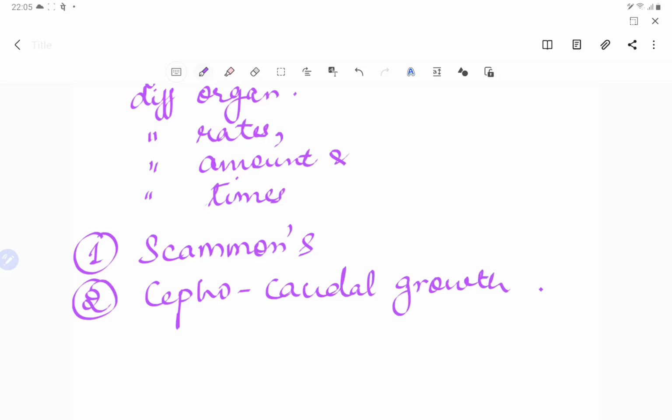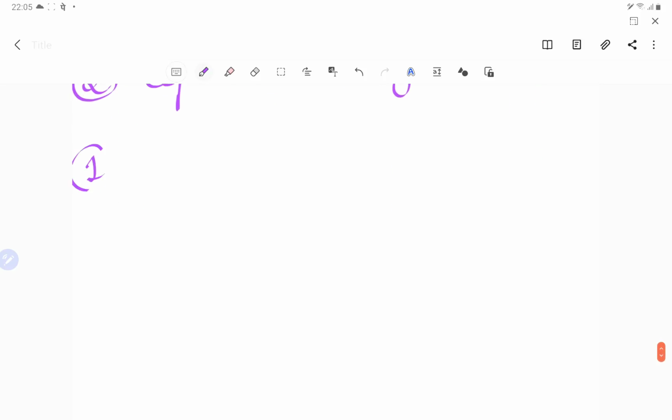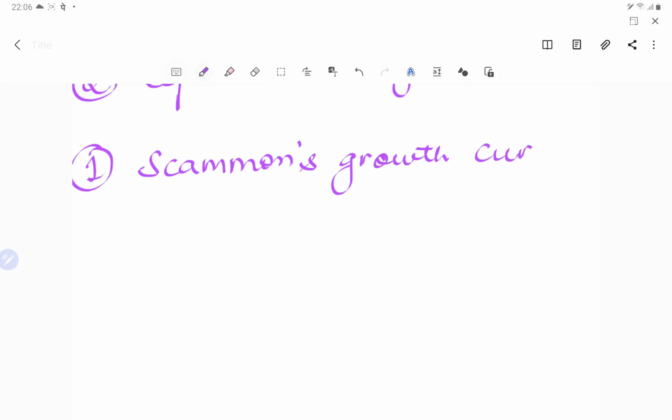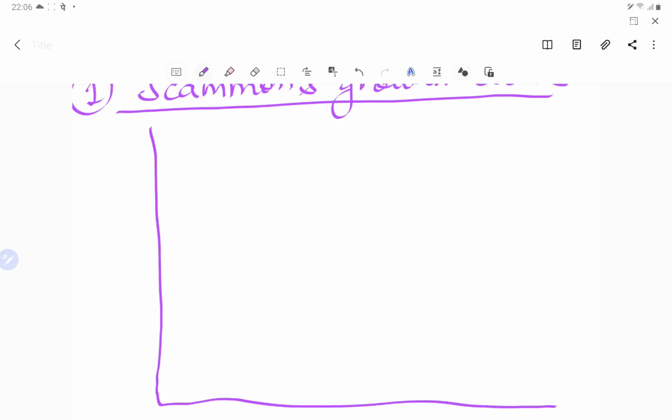And my lovely students, the Scammon's growth curve is so important. So let's first talk about the Scammon's growth curve. In the Scammon's growth curve there are 4 tissues. So let's study it first.